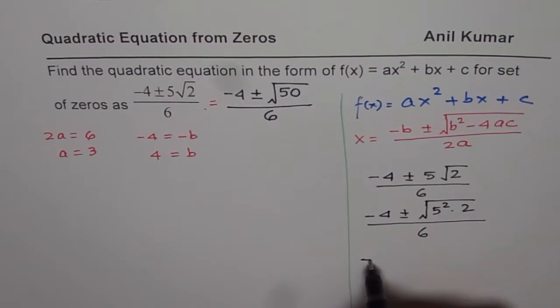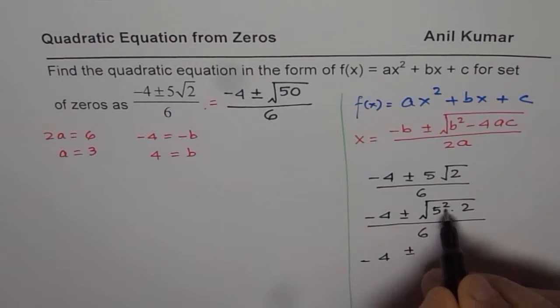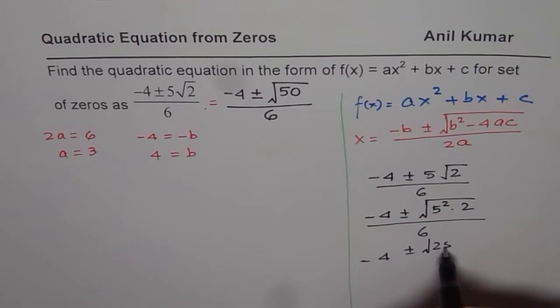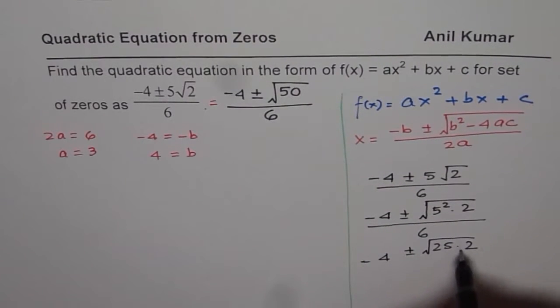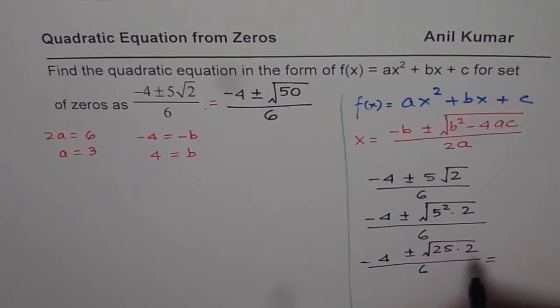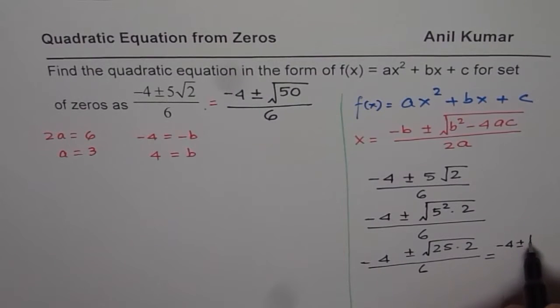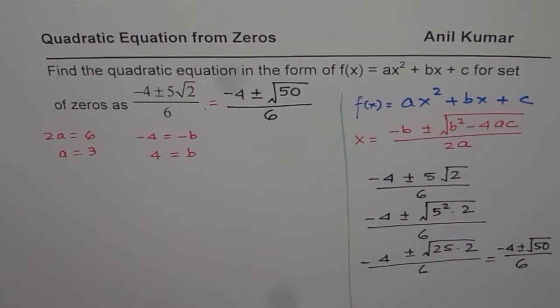Next, 5² is 25, so we have 25 times 2, where the dot is multiplication, and that gives us 50. So we get (−4 ± √50)/6.